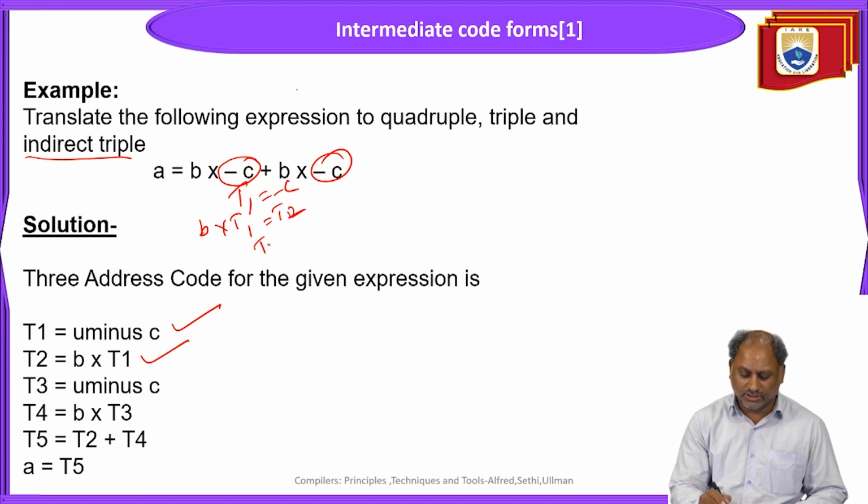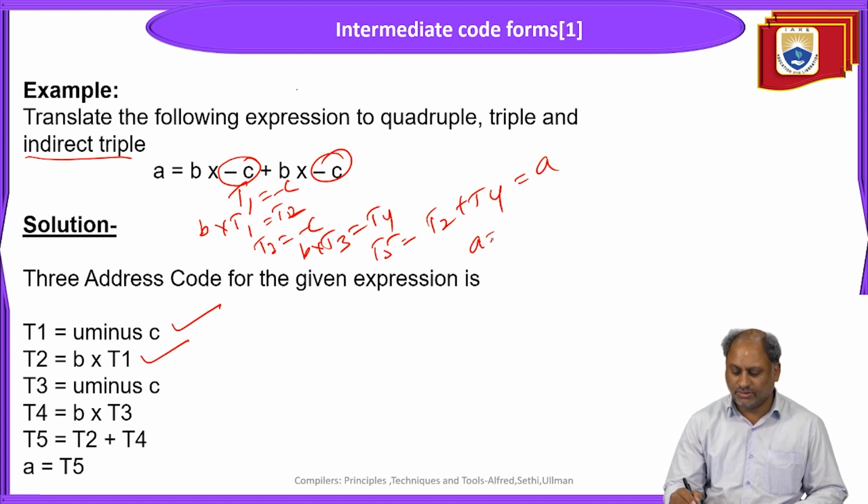Next we take T3, which is equal to unary minus C, then B into T3, we will get 1 more temporary, T4. And then the result, T2 plus T4, is stored in one more temporary, T5. So A equal to T5.